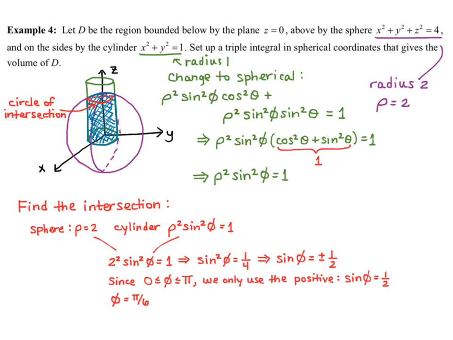Now this gives us phi equals pi over 6. And you might wonder, why aren't we using the 5 pi over 6? Well, the reason we don't use it is because that would be the angle down below the xy plane. So we don't use 5 pi over 6 because that would be this angle down here.